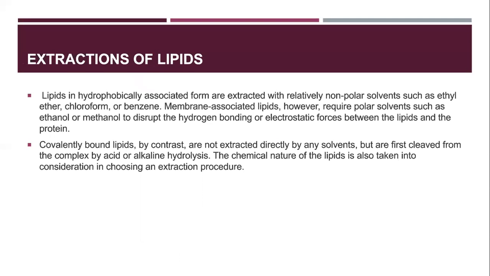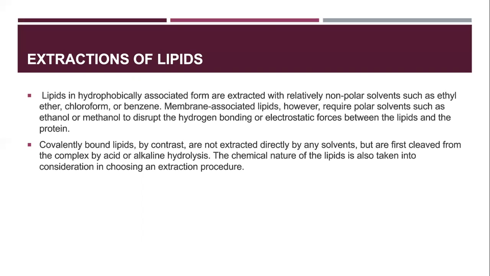Extraction of lipids. Lipids in hydrophobically associated form are extracted with relatively non-polar solvents such as ethyl ether, chloroform, or benzene. Those lipids which are membrane associated, meaning they form double layers in each cell, require polar solvents such as ethanol and methanol for the cleavage of hydrogen bonding or electrostatic forces between them.